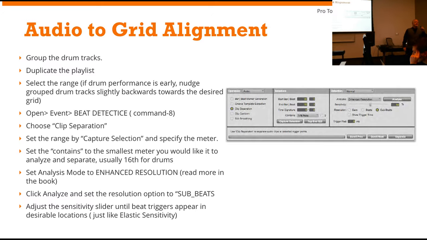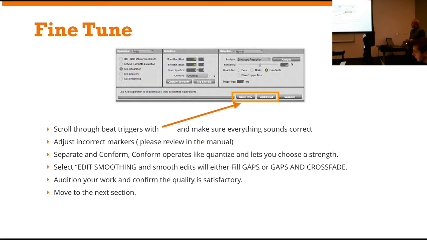Why? Because we used grid mode to select, and if you played early, it wasn't even part of the quantization. You see what I'm saying? And that might be one that we'll have to move by hand, which is not that hard. So, if you really want to fine-tune those edits before you press separate, if you see this on the bottom here, you can zoom in and scroll left and right, and it will take you through the markers.